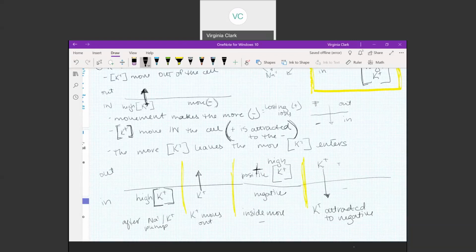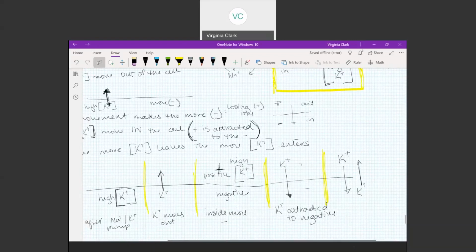But now with the high concentration of potassium outside the cell, it likes to move inside the cell because it's attracted to that negative. So this process will continue until you have 1 potassium out for every 1 potassium in.